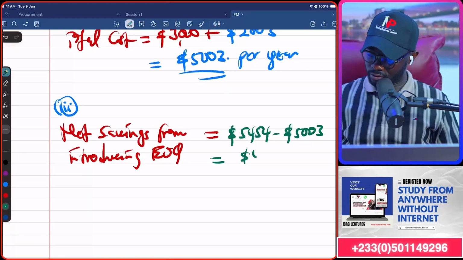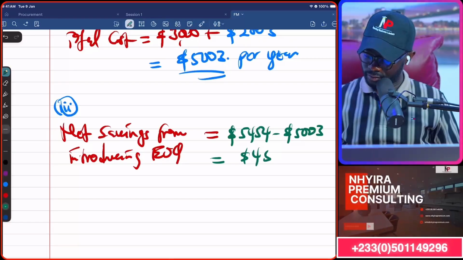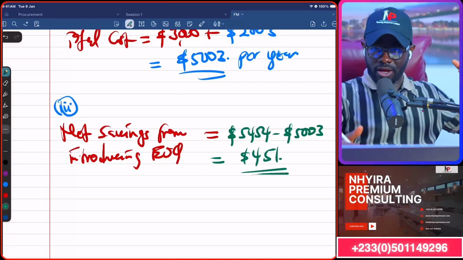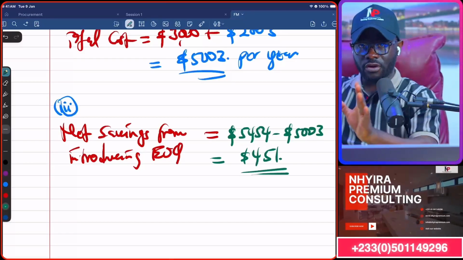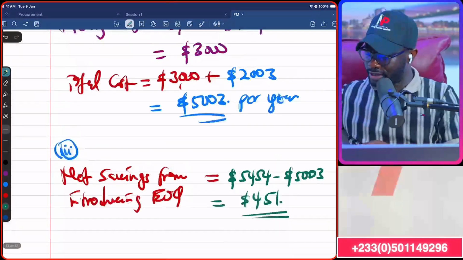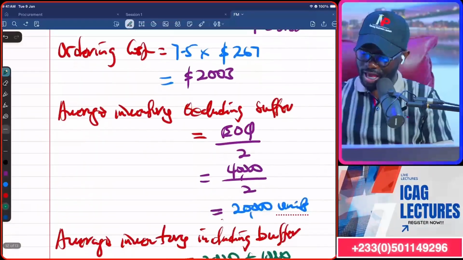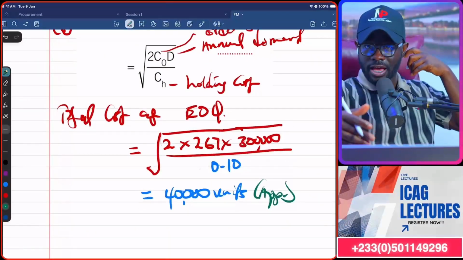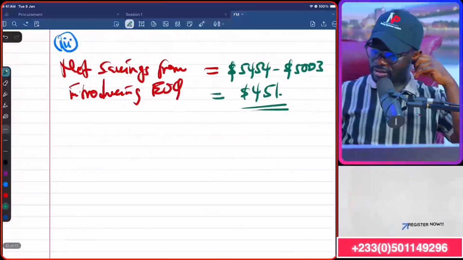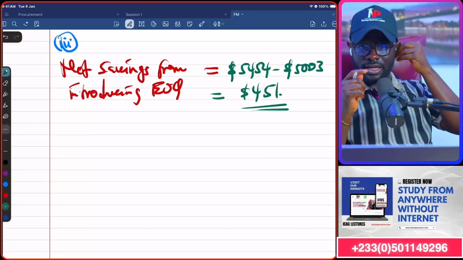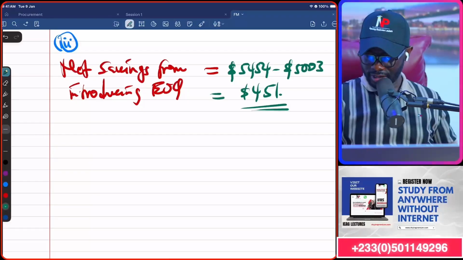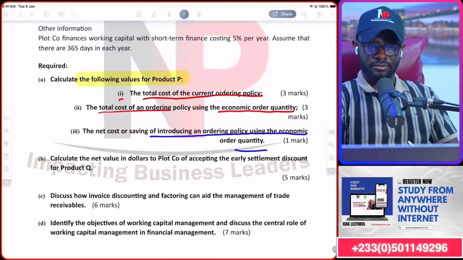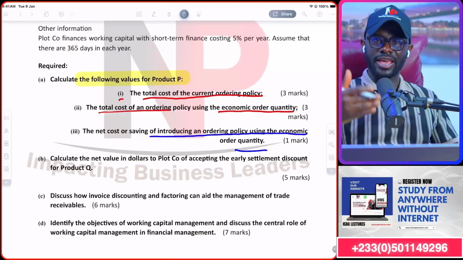And that is 451. So when we shift from ordering every month to ordering only 7.5 times within the year and ordering at the economic order quantity 40,000 every time, it will save us 451 Ghana cedi per year. That is the idea about the A part of the question. And this is about management of inventories.